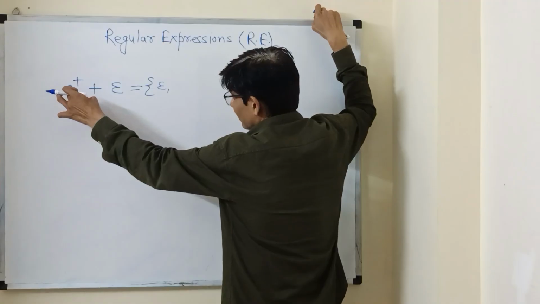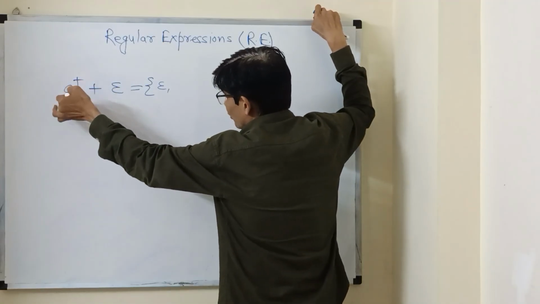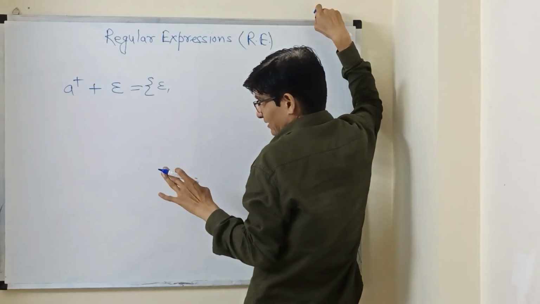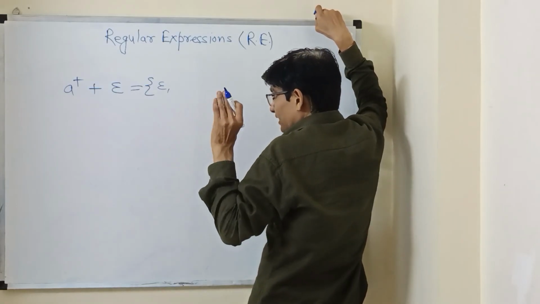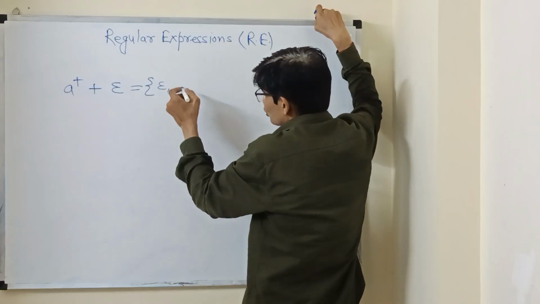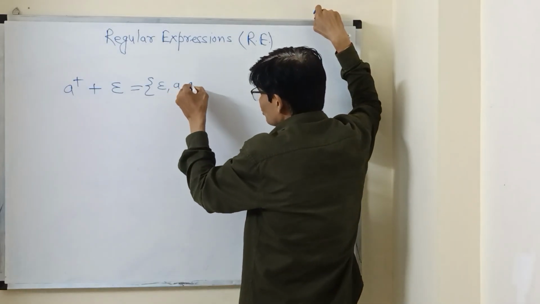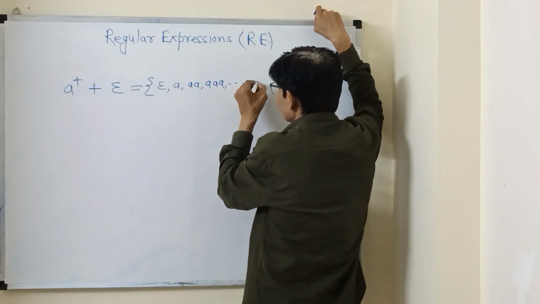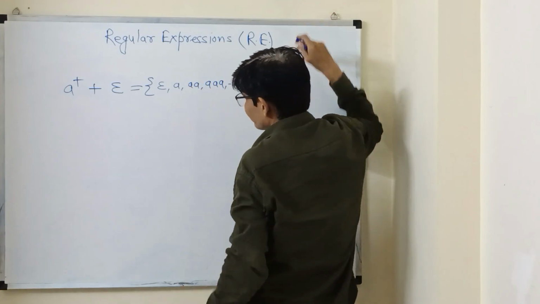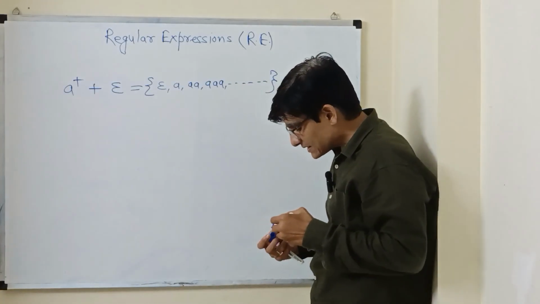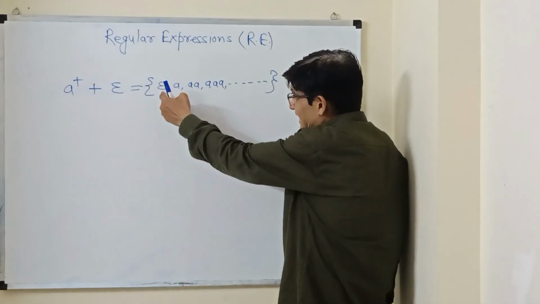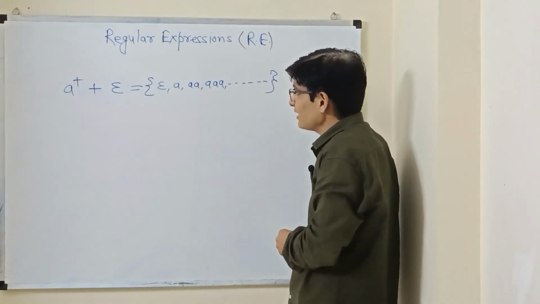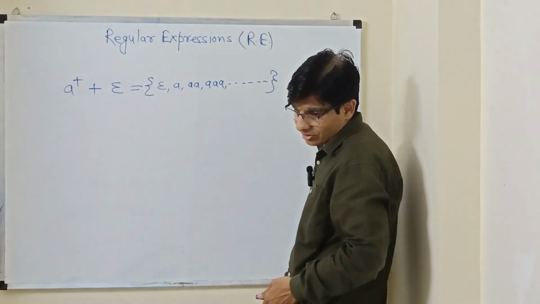Now with this regular expression, the positive closure of A, we can create any number of A's starting from 1. So we can create 1 A, then 2 A's, then 3 A's, then any number of A's. So now you can see which set it is: any number of occurrences of A, including epsilon.